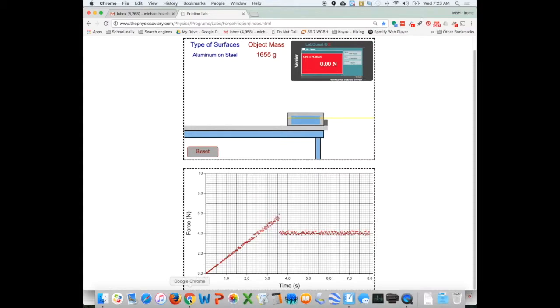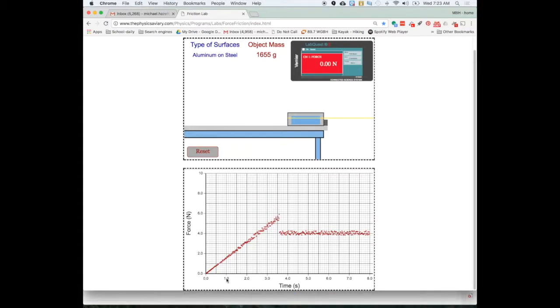So if I was only pulling with 2 Newtons of applied force, then the static friction is only going to be 2 Newtons to counteract that force.